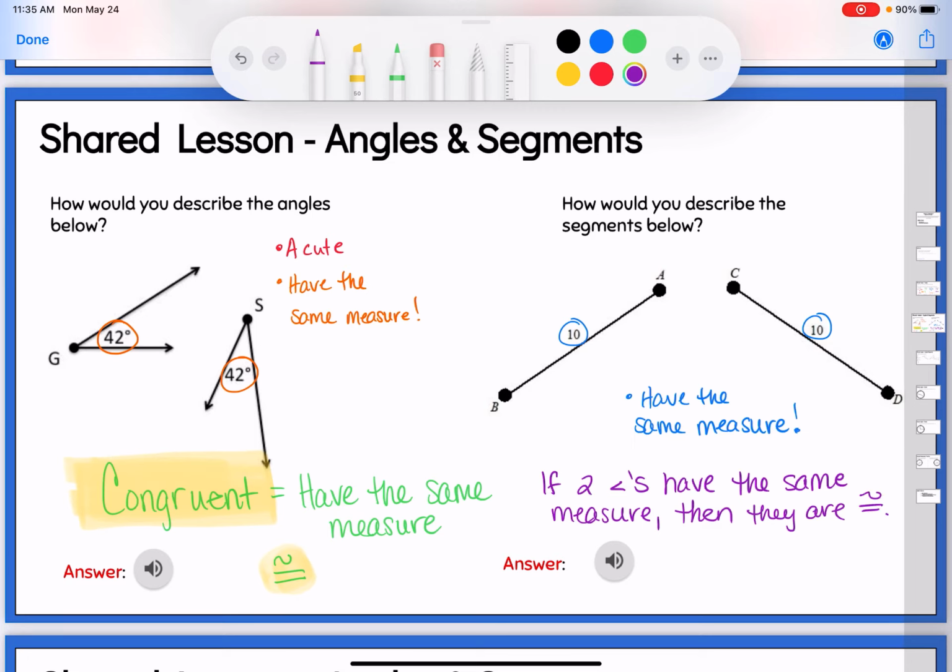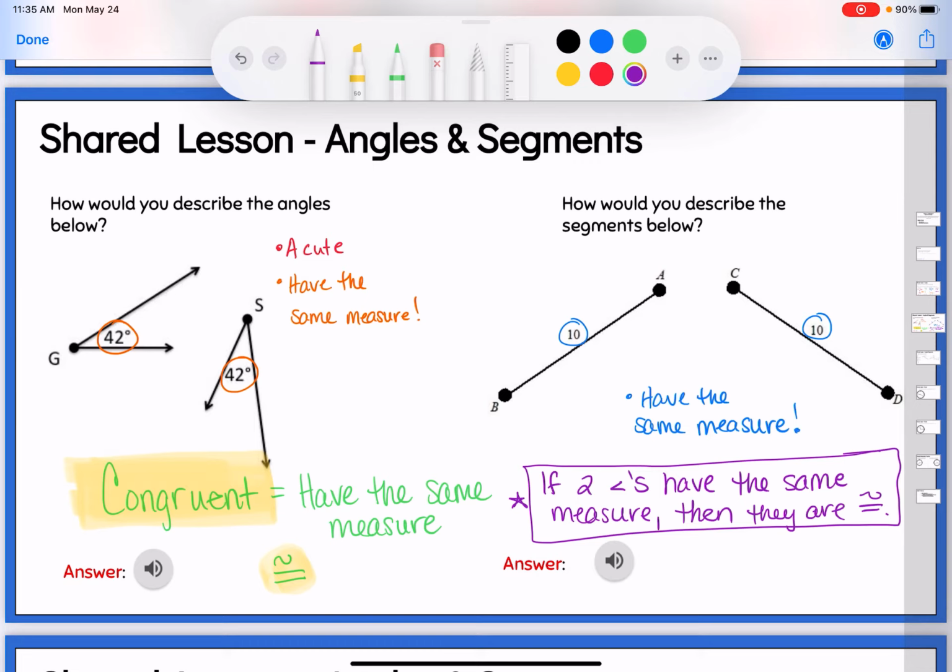Now, the reason I want you to write this and put a box around it, put a star next to it or something, is we're going to need to write things in this if-then form for some interesting things called proofs coming up later on in this chapter. This is one that you're going to actually use quite a bit in your proofs, and I want you to have it in your notes somewhere to come back and look at.